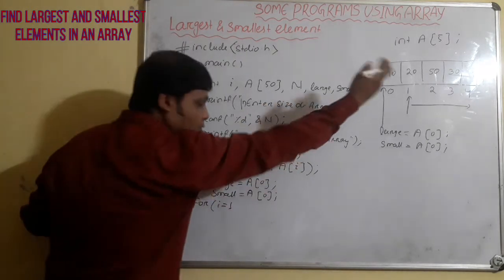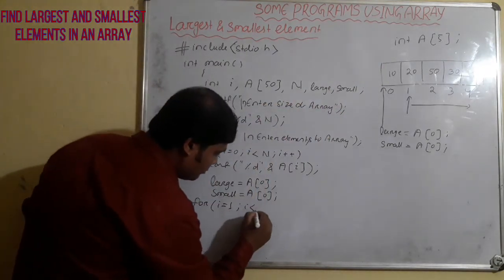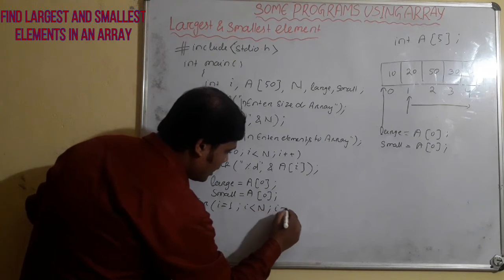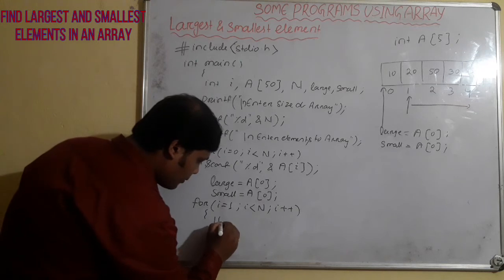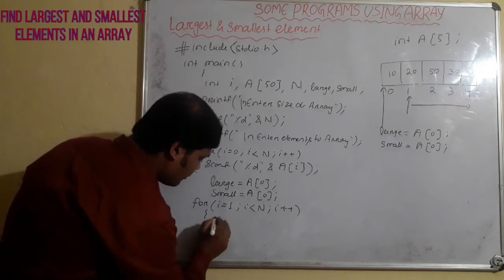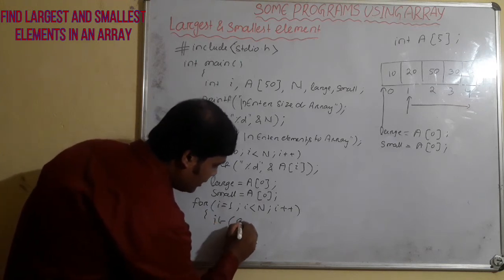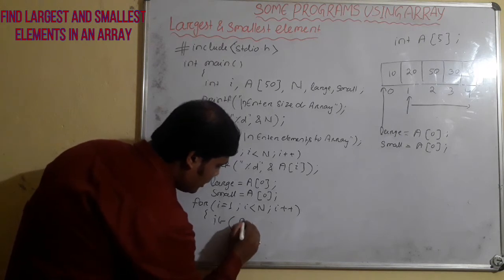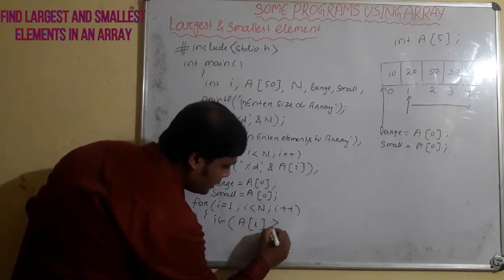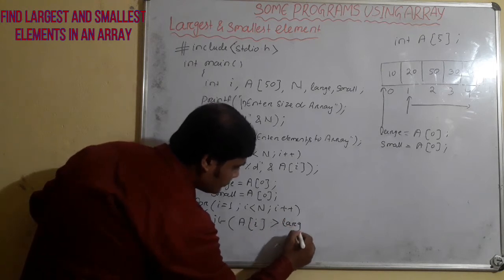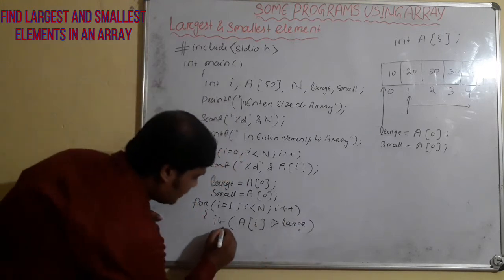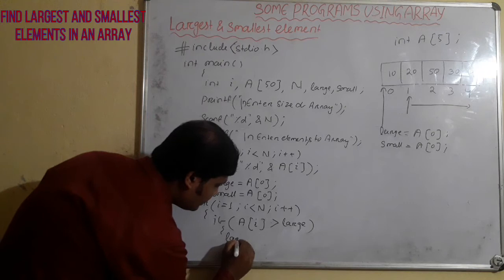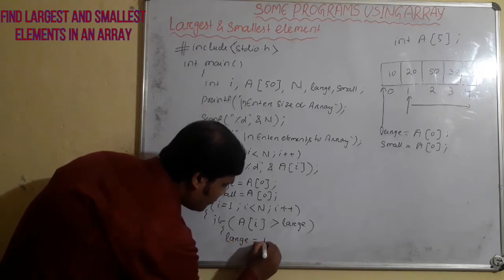From index 1 onwards we will check i less than n, i plus plus. If any a[i] is greater than my large, because I have taken the largest element as a[0], then my large will be that a[i].